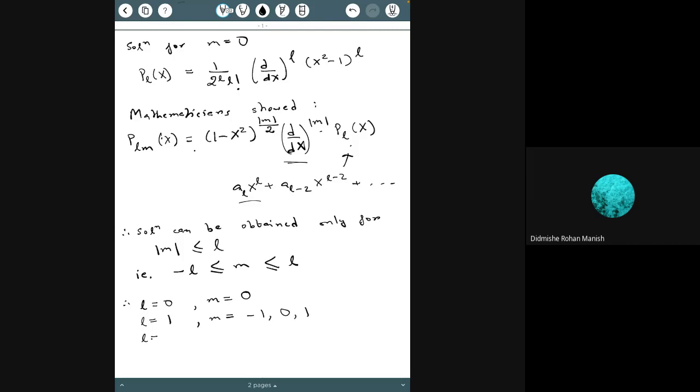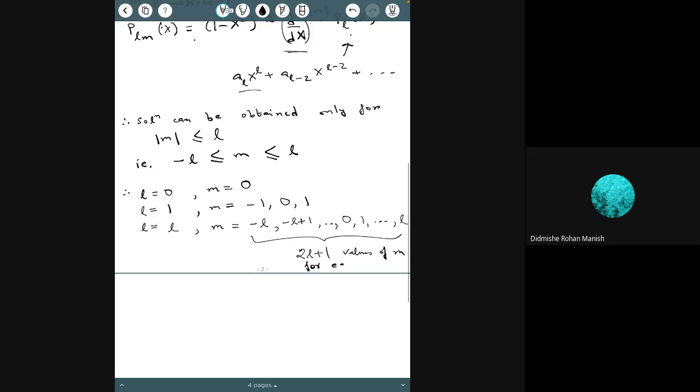If I want to write it generally, then m is equal to minus L, minus L plus 1, dot dot dot, 0, 1 up to L, which means that there are 2L plus 1 values of m for each L.